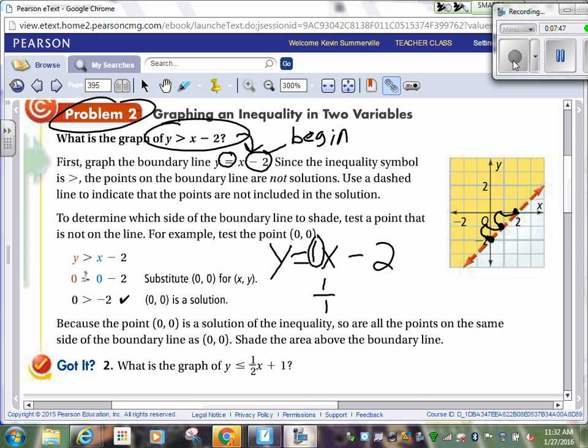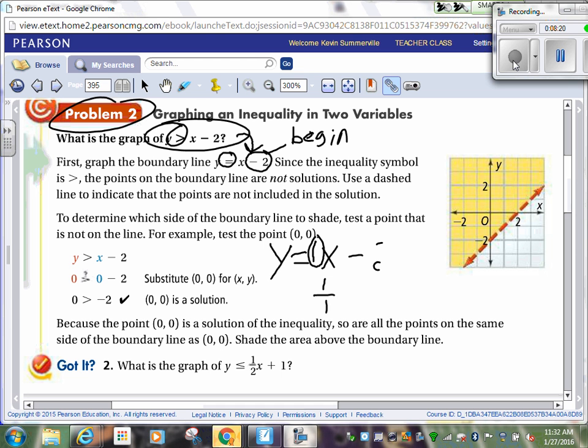A dashed line. Who can tell me why it is dashed? It has no equal sign. Excellent. There's my inequality, no equal sign. So now it's going to be a dashed line. You can make it a solid line if you use a pencil, then go back with your eraser and just erase certain parts on the line. Now you have your line.